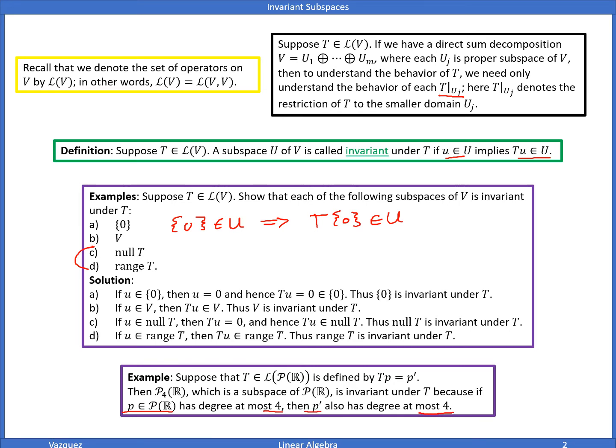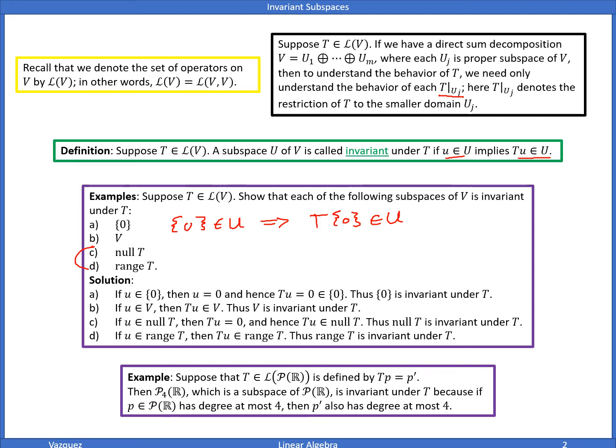In this case, the derivative will have degree 3, but it's still an element of this space because it's just at most 4, not exactly 4, at most 4. So it still remains a polynomial in that vector space. Therefore, it is invariant under T.